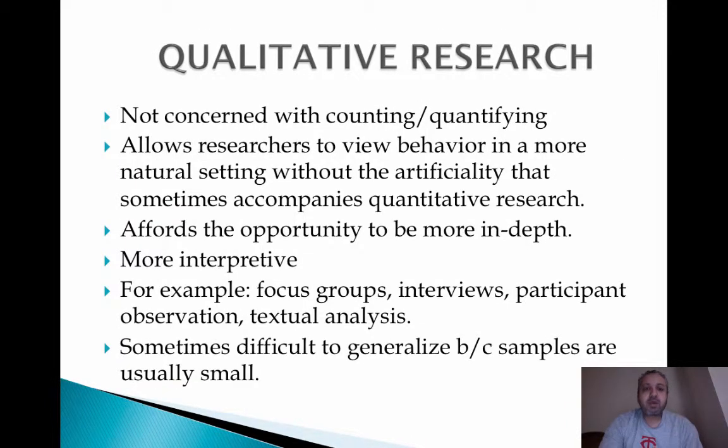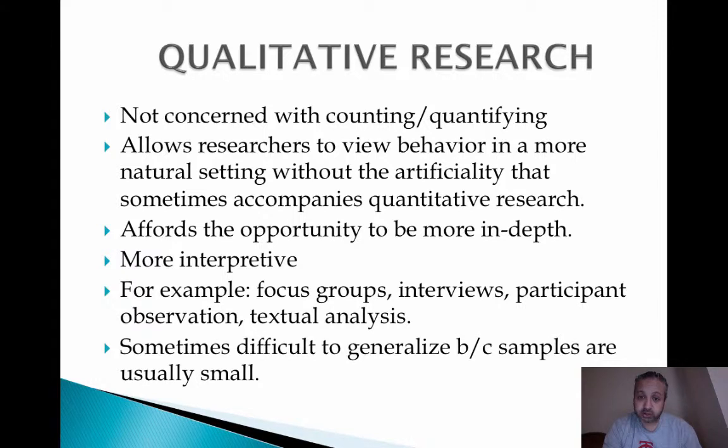Okay. We've talked a little bit about the difference between quantitative research and qualitative research. So quantitative research, again, is when we're interested in measuring stuff and producing numbers, okay? Qualitative research is a very different kind of research. It's when we interpret things. It's a bit more subjective. It's a little bit less precise.